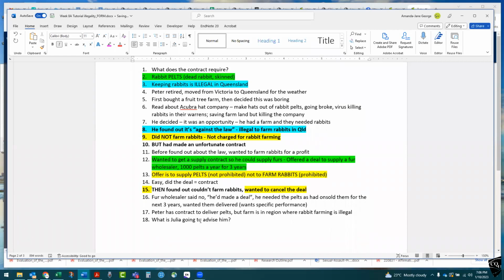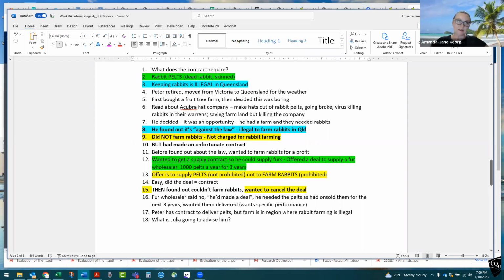Would it be more implied illegality, because it's not against the law to have the pelts, it's just against the law to farm the rabbits? Is it implied? So explain implied then. Just give me 25 words or less.